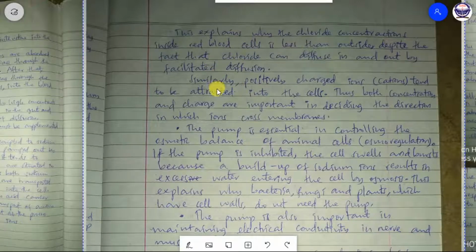So in the red blood cell, chloride ions can diffuse in and out of the red blood cell by facilitated diffusion, but their concentration inside is lower as compared to outside because of the charge established by the sodium potassium pump, and that establishes the negative charge inside of the cell, and due to that negative charge it makes it more difficult for chloride ions to accumulate inside of the cell.